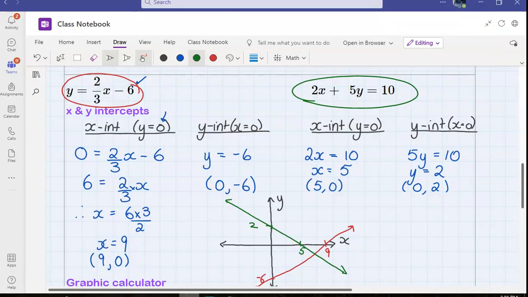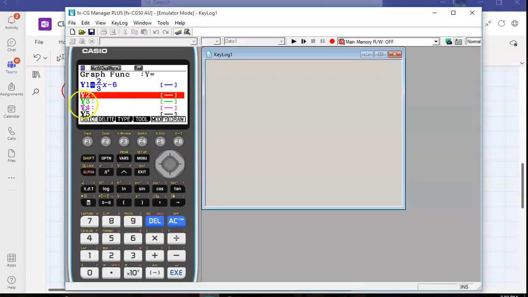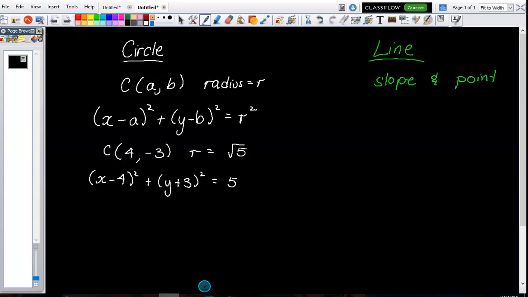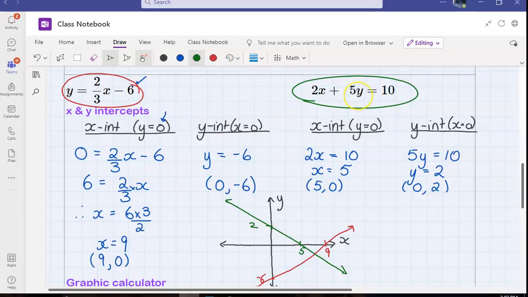Okay, what are you going to have to do for this one? Can you put that in? Houston, we have a problem. Why? Because it has to be in your form, y equals. So you're going to have to switch it. We're going to get 5y by itself. So how are we going to get 5y by itself? 10 minus 2x.